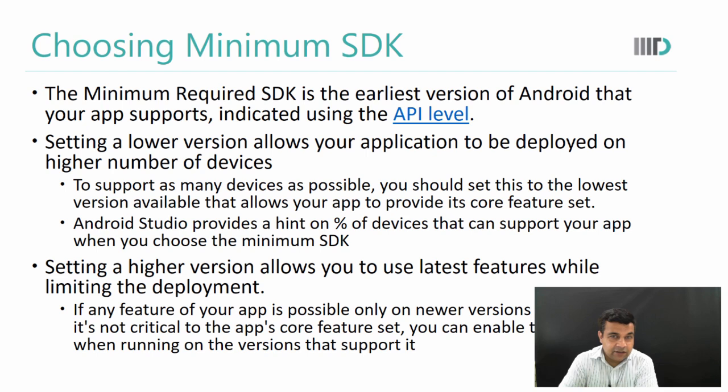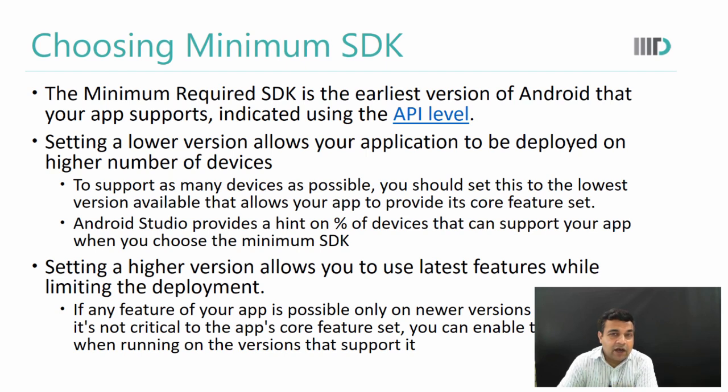The next is also very important. The next screen asks you to choose a minimum SDK. The minimum SDK is the earliest version of Android that your app supports. And this SDK level is indicated using the API level. For example, you may have API 23 or API 21 or API 24.